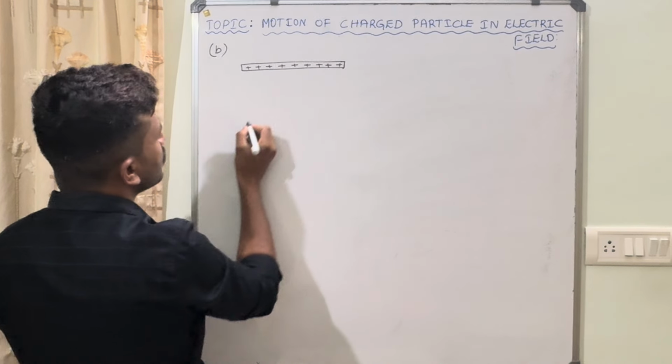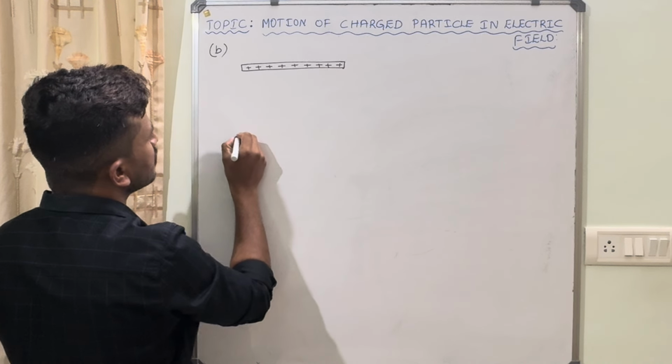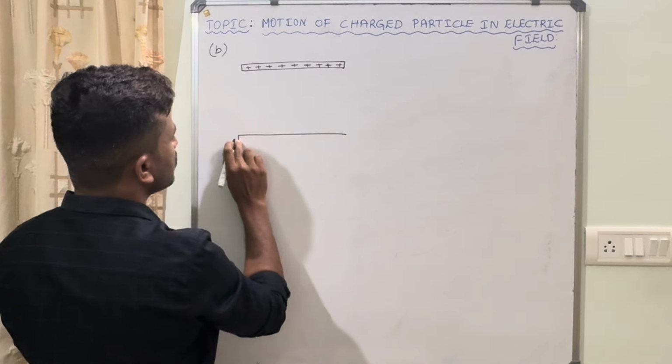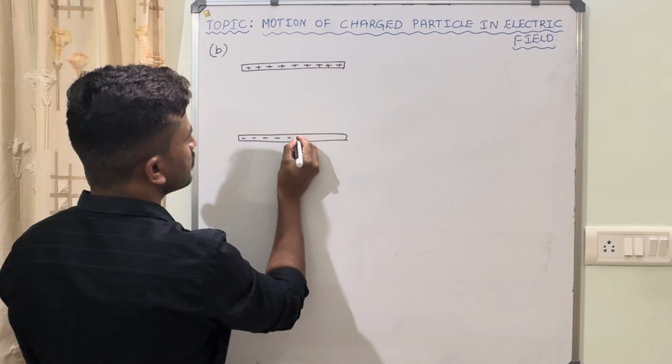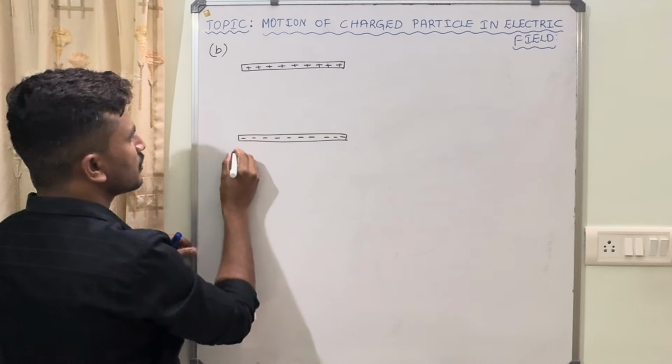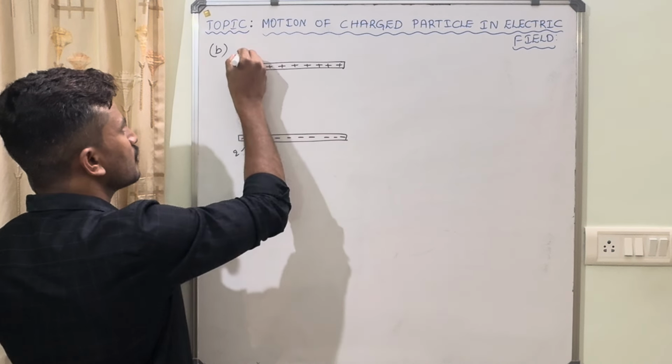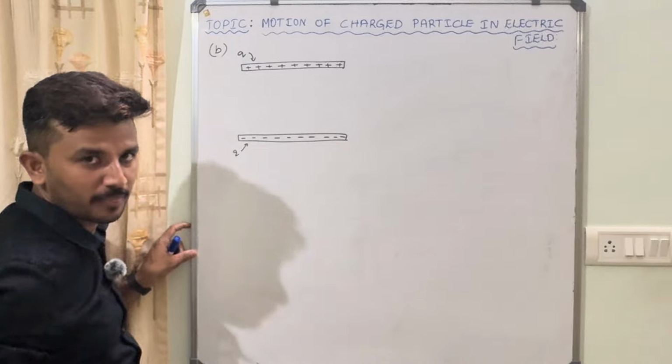Okay, so here we have another plate given with negative charge, with an equal amount of charge as the positive charge given to the first plate.